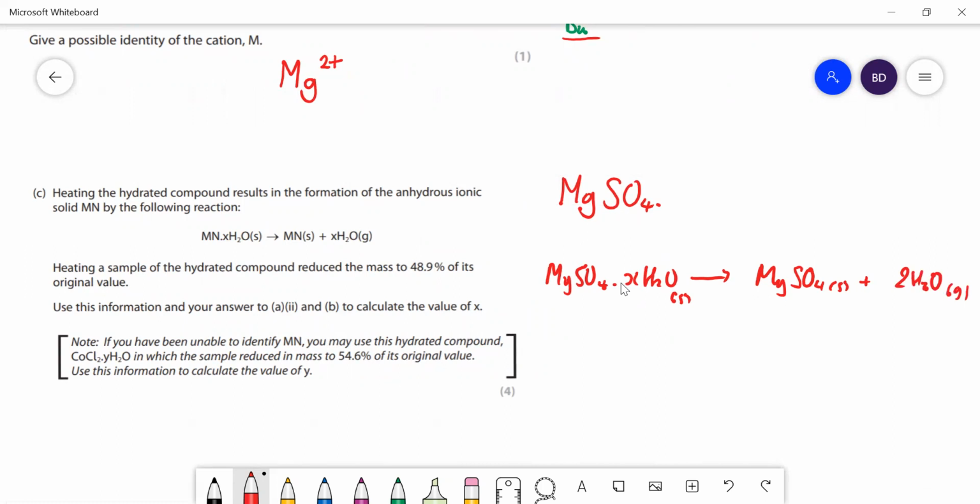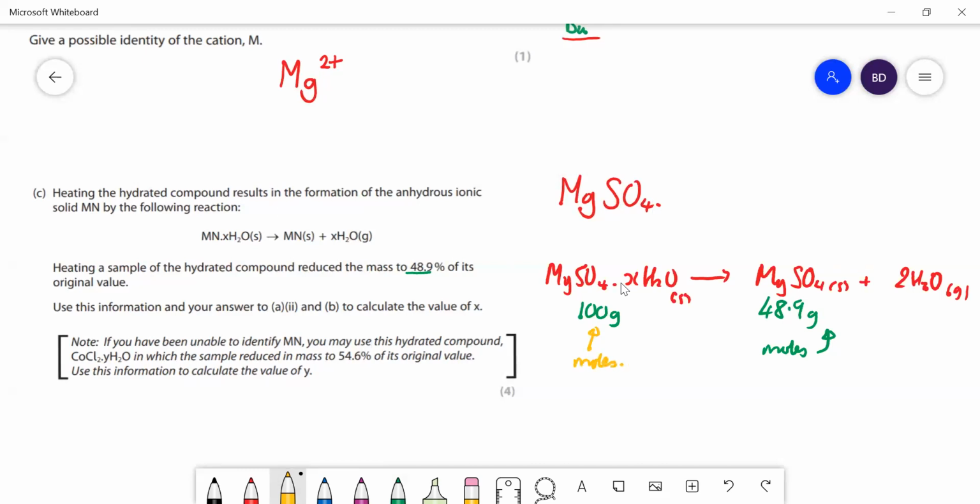Okay. Now they tell us that it's reduced to 48.9% of its original value. So let's say if that was 100 grams, then this stuff here would weigh 48.9 grams. Okay, so if we can find out the number of moles here in 48.9 grams, that will be the same as the number of moles here.